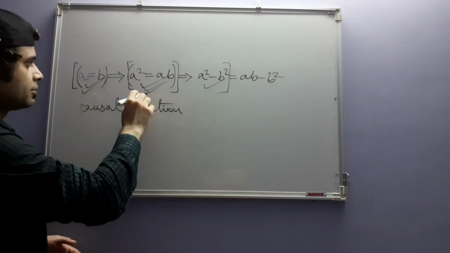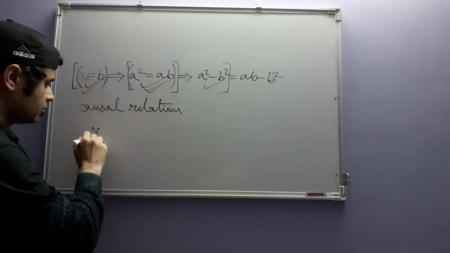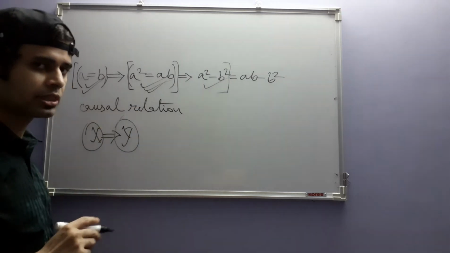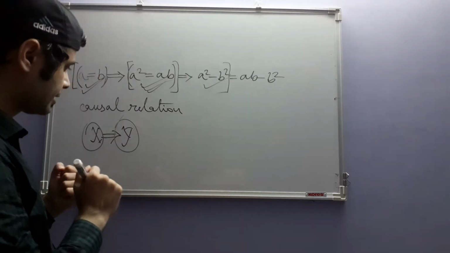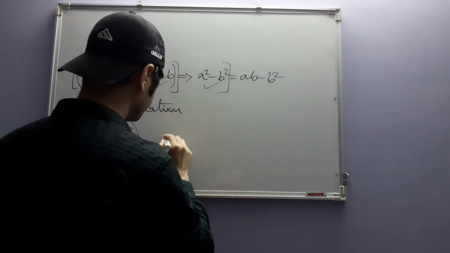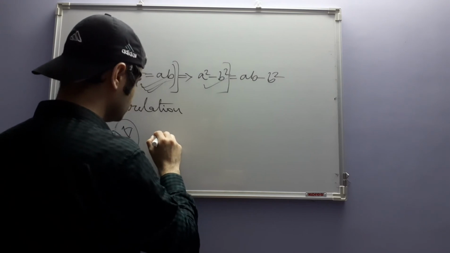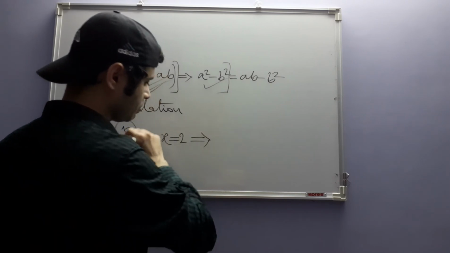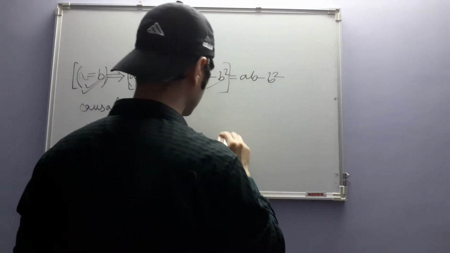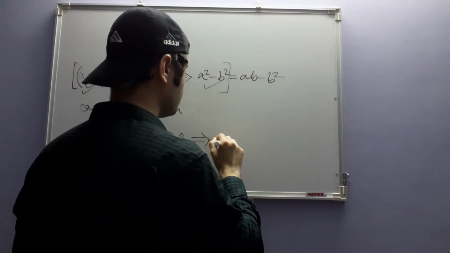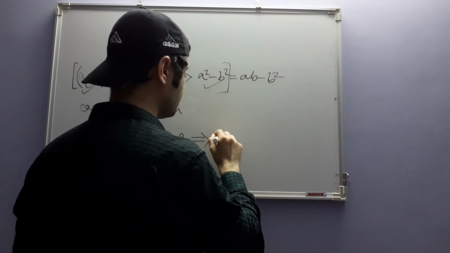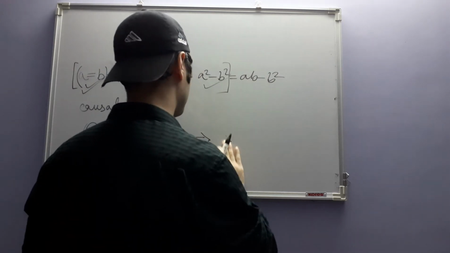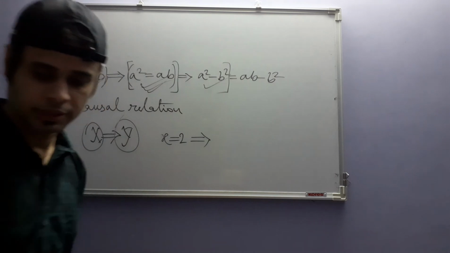Okay, but in an implication, there need not be any causal relationship between x and y for the implication to make sense. I can write something like this. 2 implies... wait, not like this.